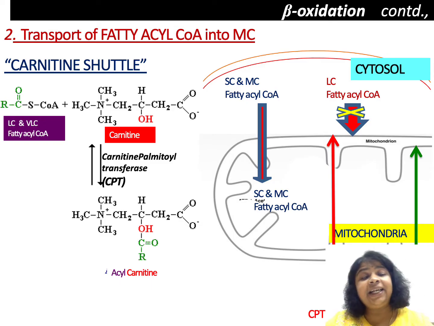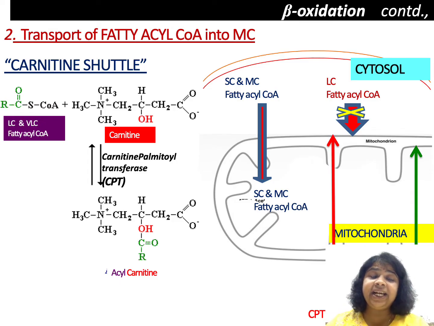Carnitine acyl transferase, CAT or CPT, both of them are correct. And this is CPT1, because we also have a CPT2. So now acyl CoA condenses with carnitine, coenzyme A is released and we form acyl carnitine.